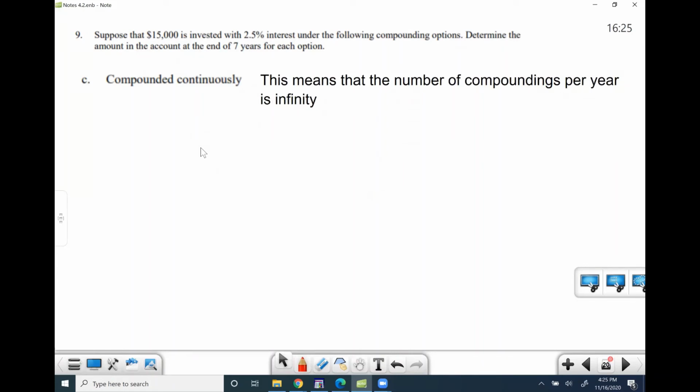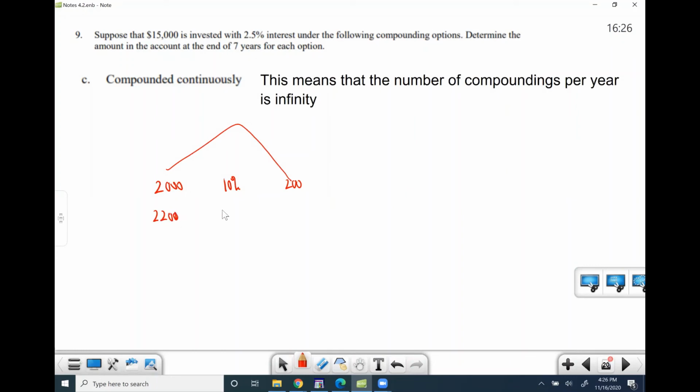If I compound just once per year, let's say I start off with $2,000. Let's say the interest rate is 10%. Well, 10% of that would be 200. So now if you put these two together, there's 2,200 in the account.